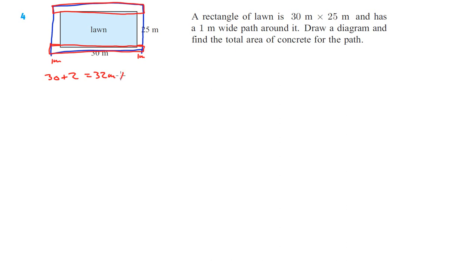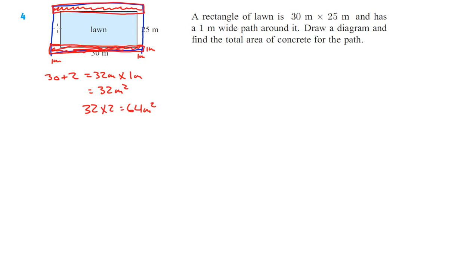Okay, and it's 1 meter wide as well, so 32 meters by 1 meter gives us 32 square meters for this and for that. So this section here is 32 square meters, and then this one up here is going to be the same. So we do 32 times 2 gives us 64 square meters. Now that's for this red area here and for this red area here.